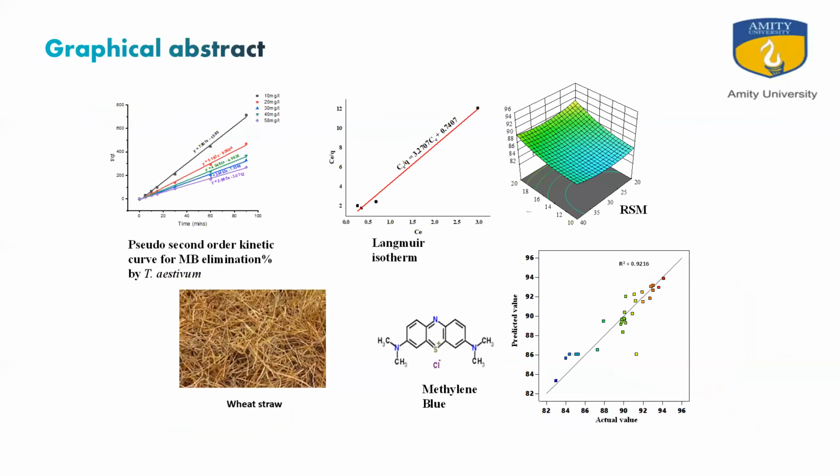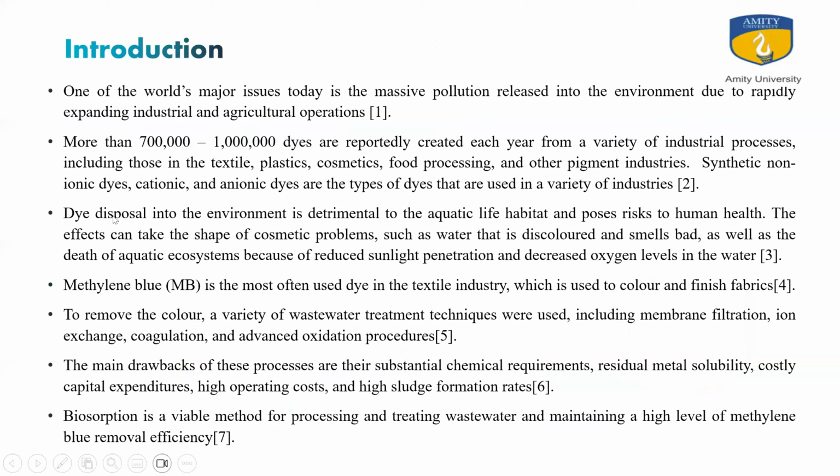Now, the introduction. One of the world's major issues today is the massive pollution released into the environment due to rapidly expanding industrial and agricultural operations. More than 70,000 to 1 lakh dyes are reportedly created each year from a variety of industrial processes, including plastics, textiles, food processing, and other pigment industries.